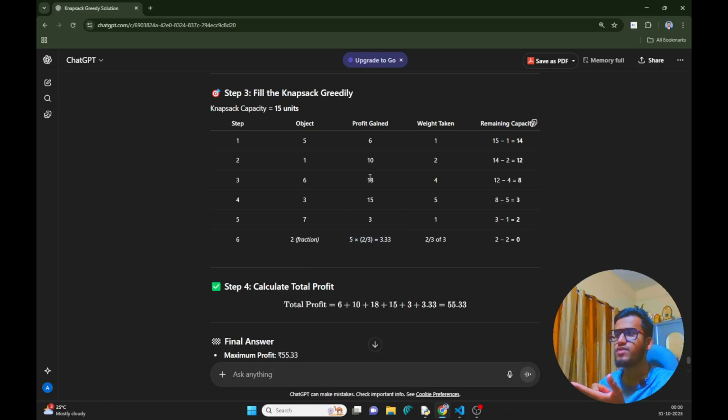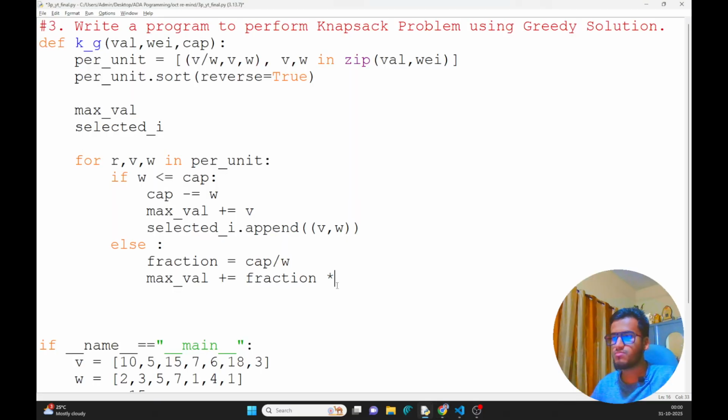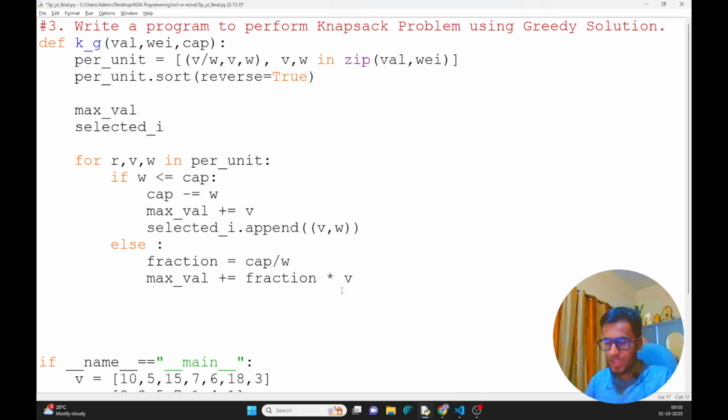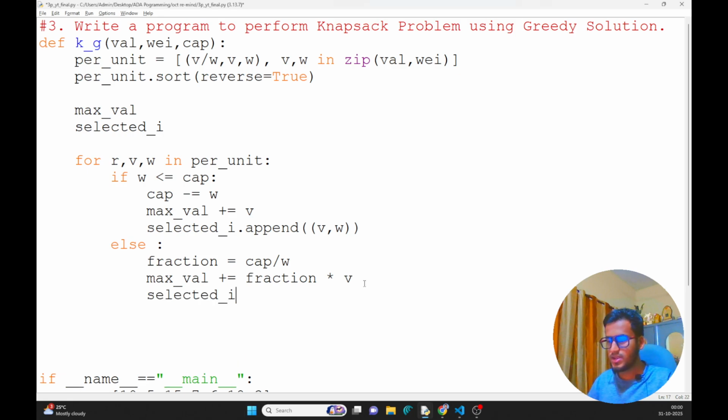The fraction should be multiplied by the profit. What is the profit? The profit is v. Sometimes if we see the problem as well, you can understand. So the fraction will be multiplied by v, and selected items, right? Selected items, let me just paste it out. Oh sorry, selected items, we are appending this.